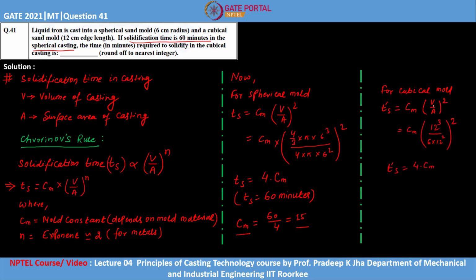Now you simply put the value of V and A. V, that is the volume of a cube, will be equal to a cube, and the value of a is given as 12 centimeter here. So 12 cube upon area. Area of cube will be equal to 6 times the square of side length, which will be 6 into 12 square. So if you simplify this, you will get Ts bar is equal to 4 times Cm.